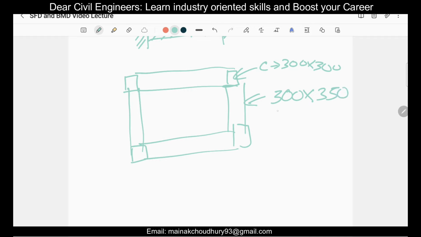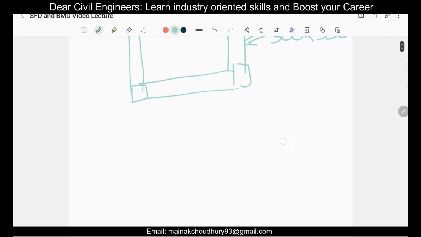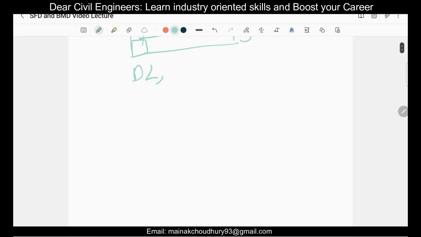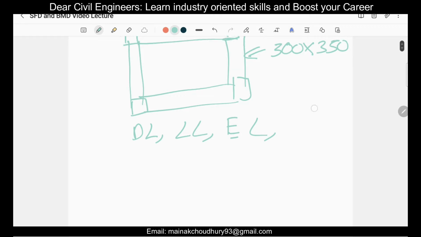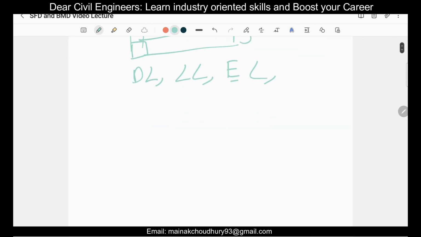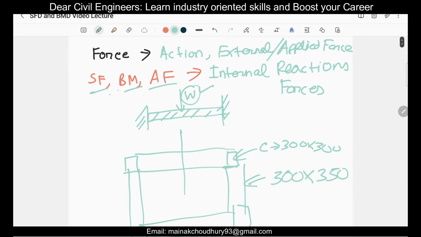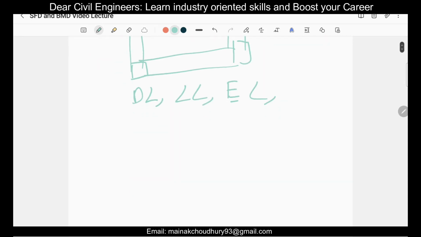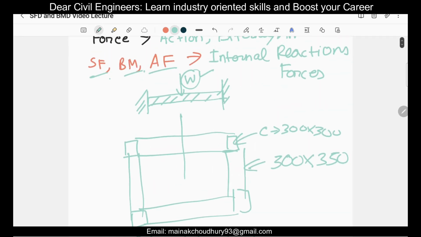After that we apply certain loads, called dead loads, live loads, earthquake loads and wind loads, with load combinations, and then we do the structural analysis. In the analysis, the shear force, bending moment and axial force are found out. If the section we assumed initially passes, then it is okay, and if it fails or shows any warning, then we increase the section or change its size.